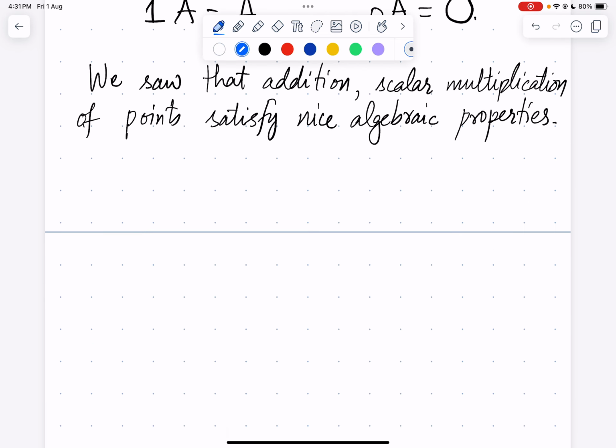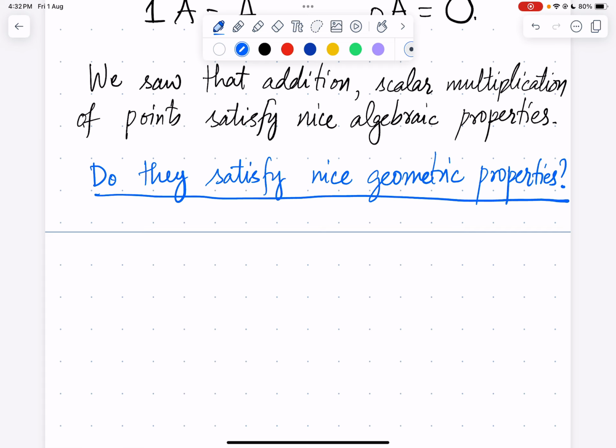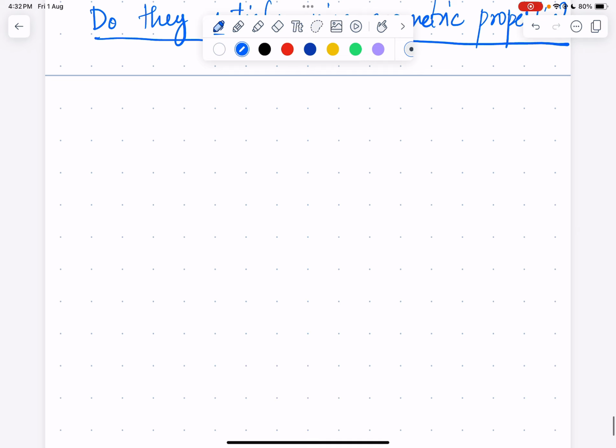So we can ask, do they satisfy nice geometric properties? So let's first focus on the geometry of addition.